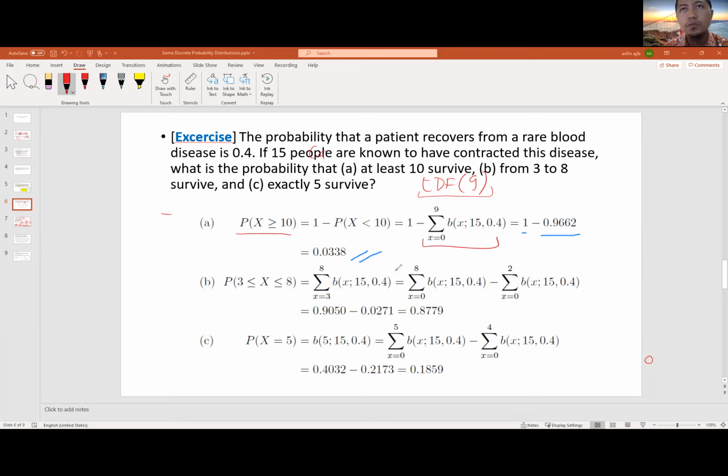That's why we change from this form to this form, because actually this one is computing the CDF. This one is also computing the CDF. This one computes CDF 2, and this one computes CDF 8, right?